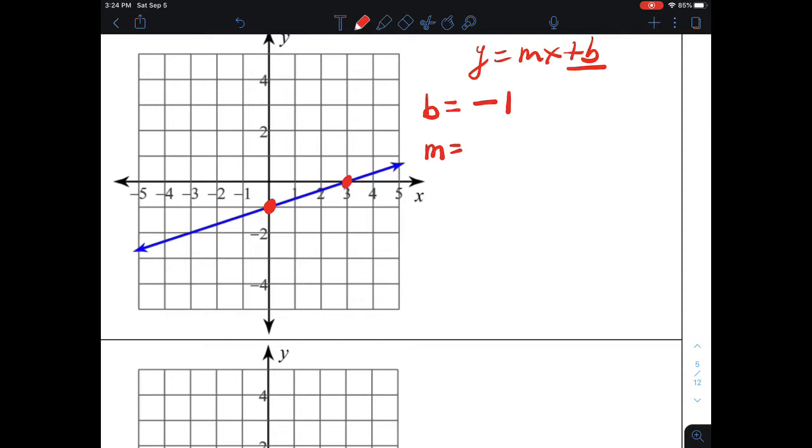So I'm going to figure out how to get there. I go up 1, which means that my slope has the top number of 1, and I go to the right 3. So right, it means +3 also. Remember, slope is always change in y over change in x. Let's not get that upside down. So our equation here would be y equals 1/3 times x minus 1.